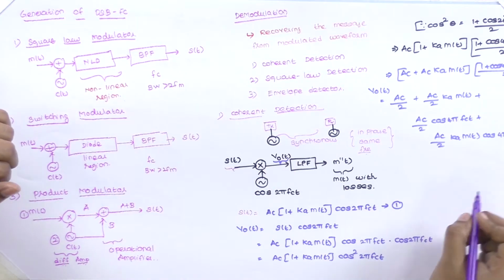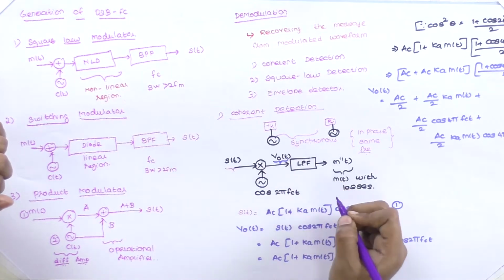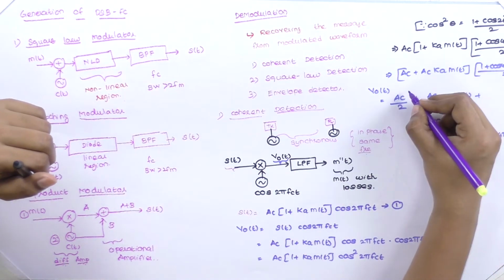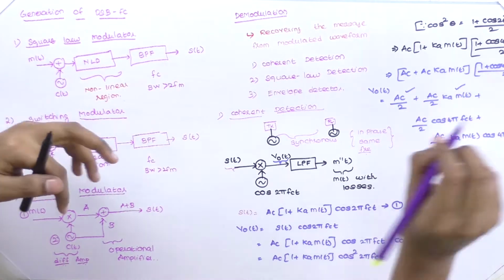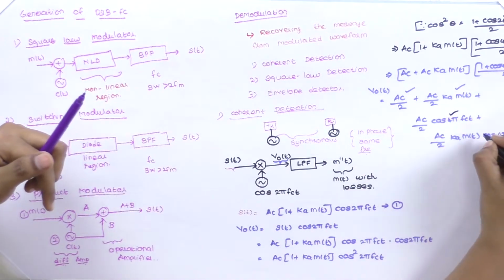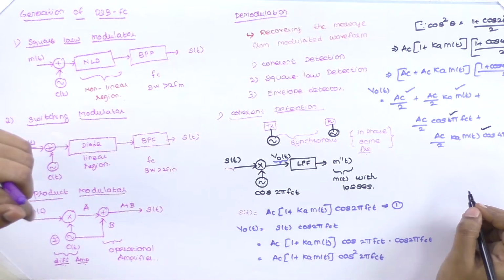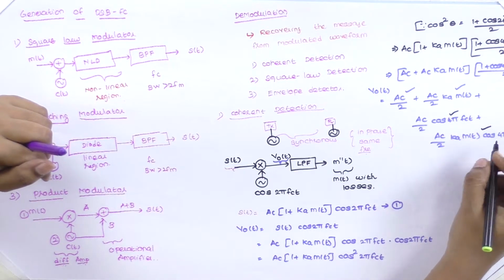This signal is going to be passed through the low pass filter. This is our DC term and this is our message signal. These two represent our low frequency terms, and the other two are high frequency terms.